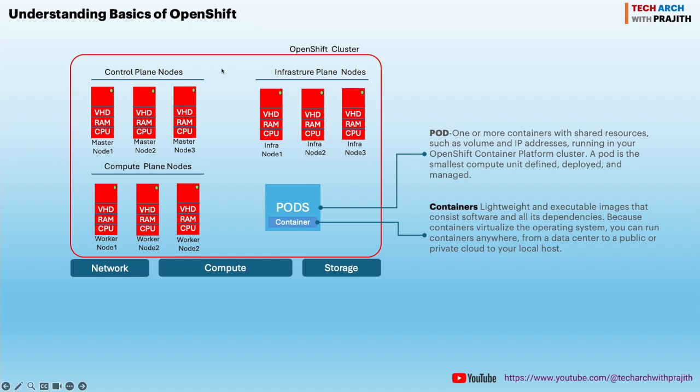Here we have to notice that each of these highlighted nodes has its own CPUs, RAM, and hard disk associated. This is very critical. This is what you are trying to size up, so that you can measure how many nodes you need. For control plane nodes, typically we go with three nodes for redundancy purposes, right?